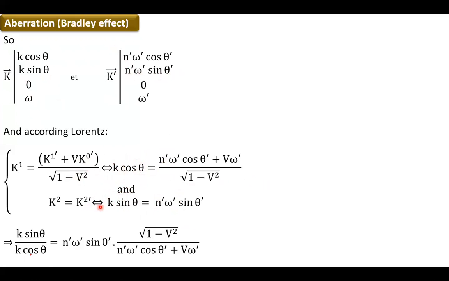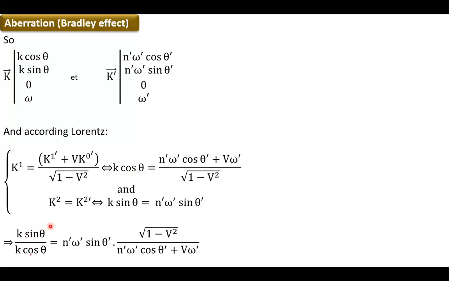Because when you need to compare two different directions in R and R prime, the easiest and most direct way is to compare the tangent, tangent theta to tangent theta prime, or the cosine and the sine. But classically, the most direct way is to compare the tangents. So if you divide this equation by this equation, you have a sine over a cosine, and you can simplify your k, you can remove your k.